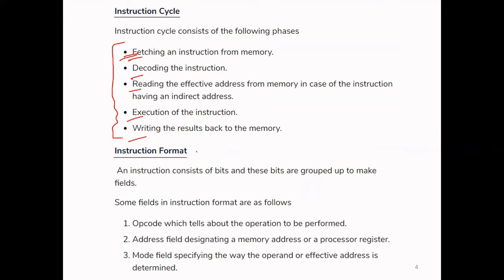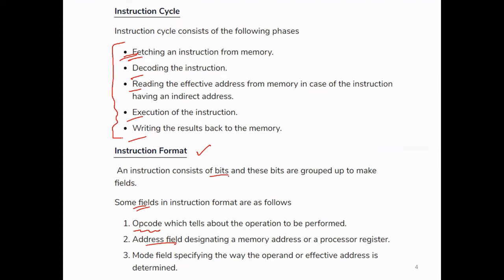Now, what is instruction format? The instruction consists of bits, and these bits are grouped up to make fields. The first field is the opcode, which tells about the operation to be performed, for example, add, subtract, load, store. Next, the address field, designating a memory address or a processor register, because the operands are available in memory, maybe in registers.